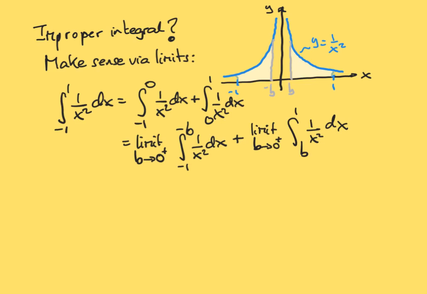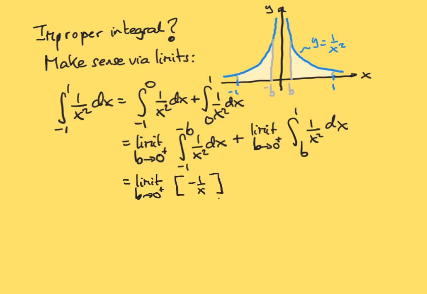Okay, so we just calculate the integrals. So it's going to be the limit as b goes to 0 from above, so it's small and positive. And the integral of 1 over x squared, we said a moment ago, is -1 over x. You can verify that if you don't remember it.